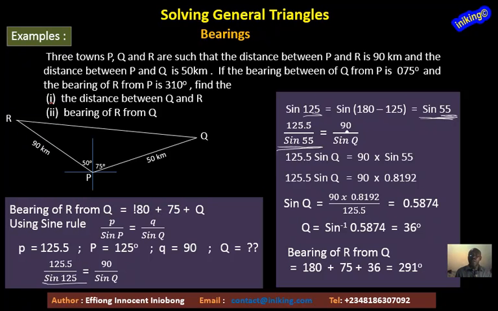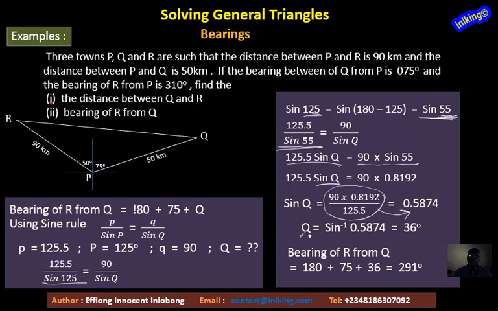Cross multiplying here, we have 90 times sine 55, giving us this. And then we have 125.5 times sine Q, giving us this other side. And then, since we are looking for sine Q, we divide both sides by 125.5. And that gives us this expression, which is reduced to 0.5874.